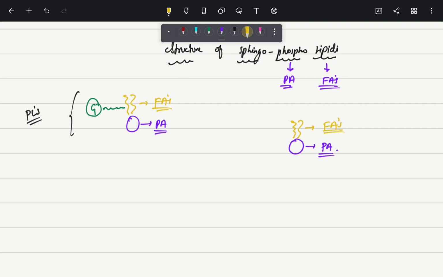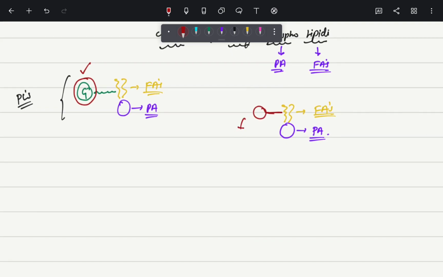Now the main thing here is that the alcohol which is present in your phospholipid was glycerol, but in sphingophospholipid the alcohol which is attached to the fatty acids is your sphingosine.